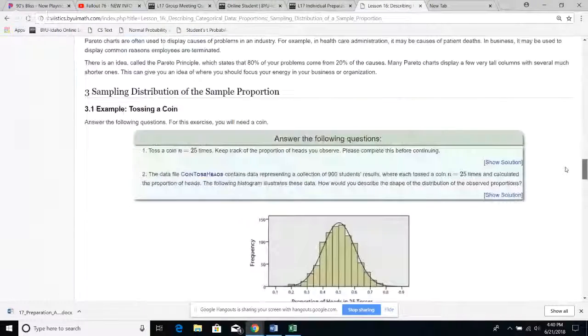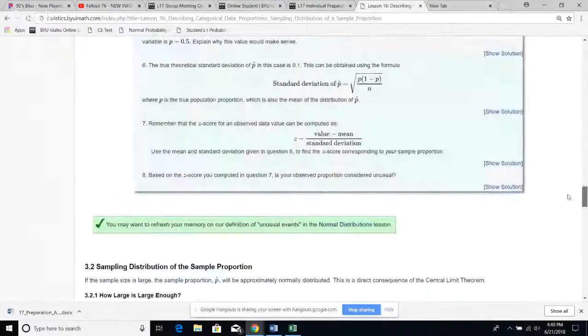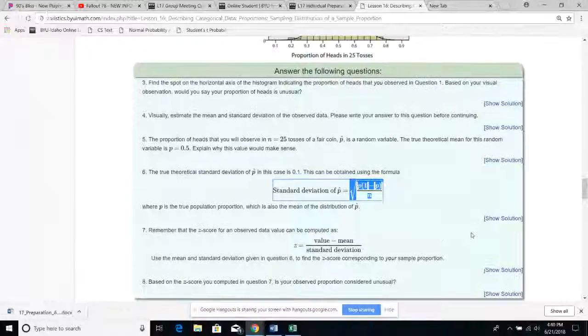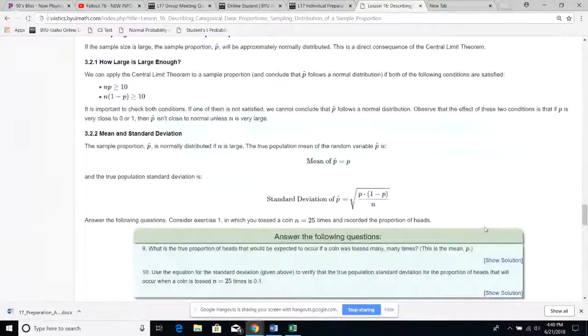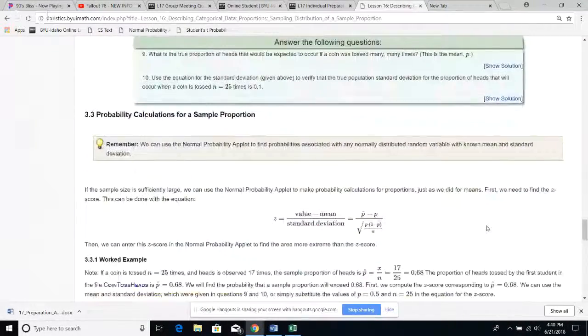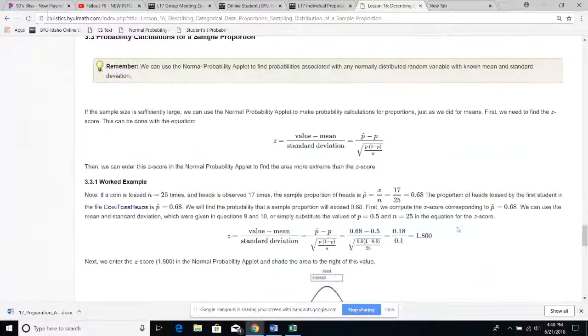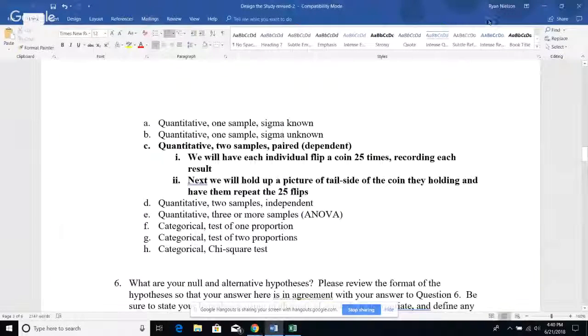Standard deviation is equal to right here. So we basically always have a sigma whenever we're dealing with probability. That means we're doing quantitative, 1 sample, sigma known.